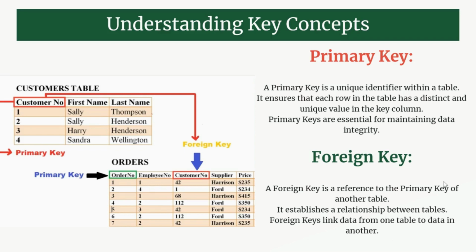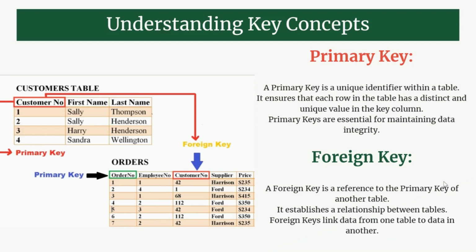For example, in an employee data set, we can have the employee ID as the primary key. That's the unique identifier that identifies every employee. We can also have matric number or student ID, which will be a unique identifier for every student.